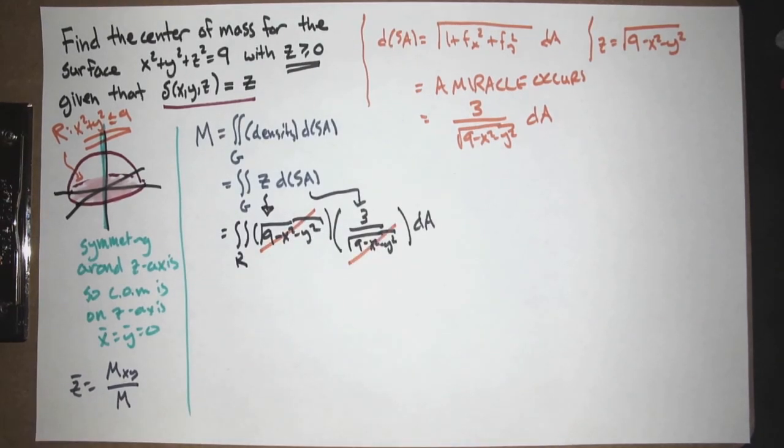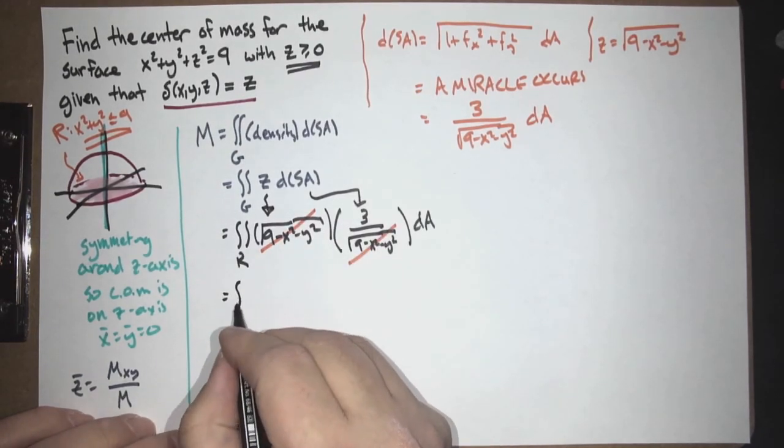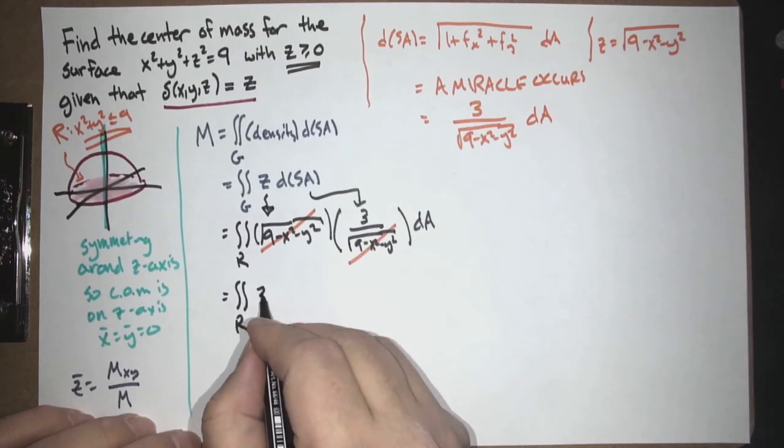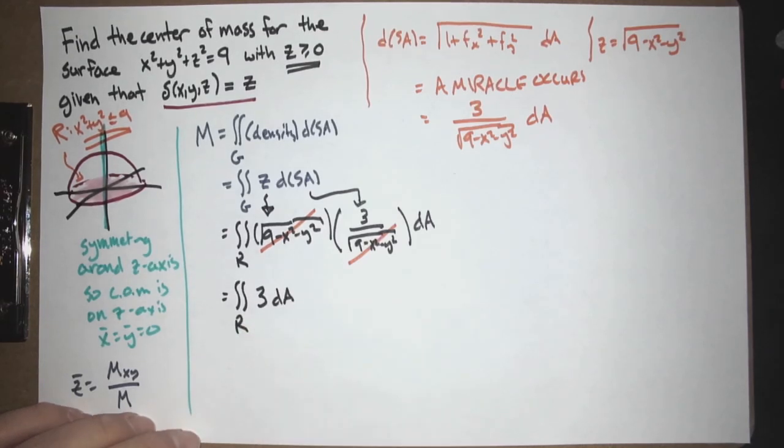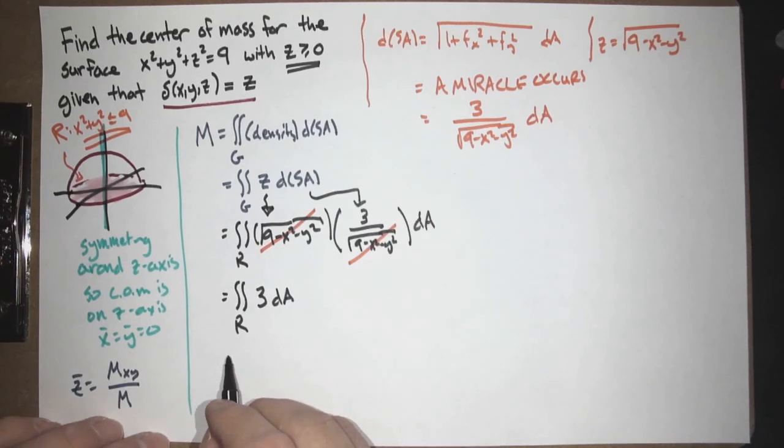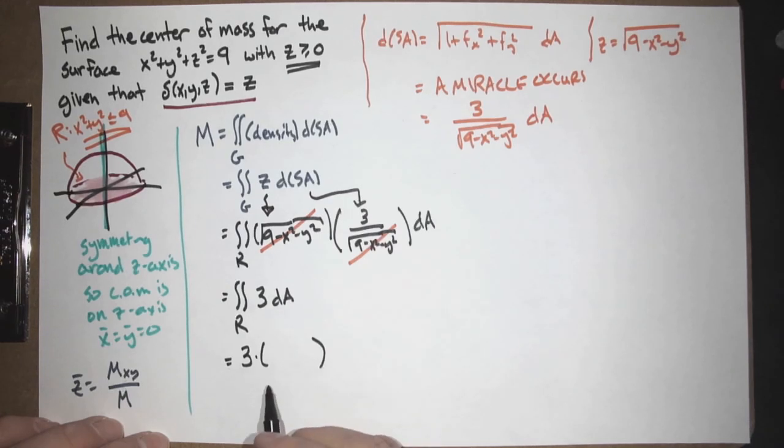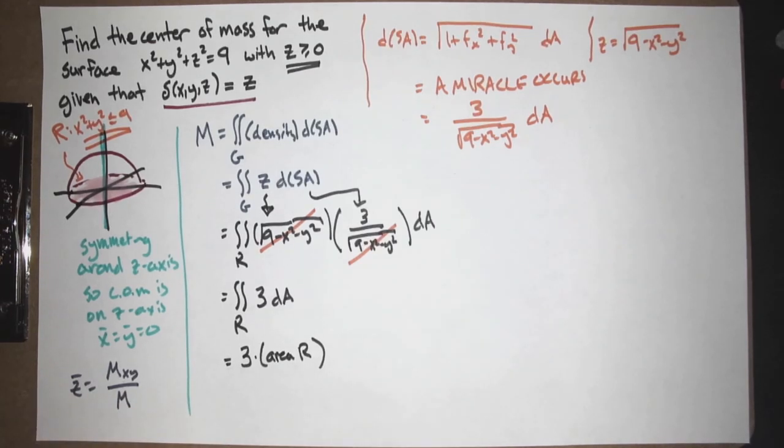Nice. Okay, so this becomes the integral over our region of 3. Well, I think we could figure that out. If you integrate 3, what do you get? 3 times what? 3 times your area.